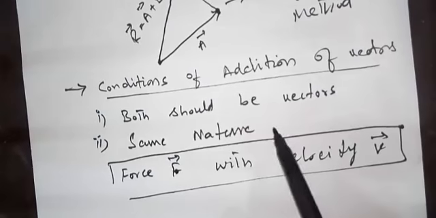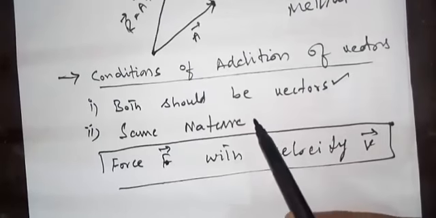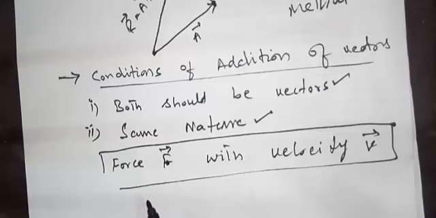So these two conditions must be fulfilled whenever we add two vectors. The quantities which are being added must be of the same nature, and they should be vectors.